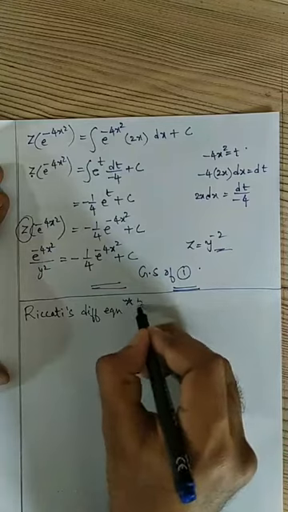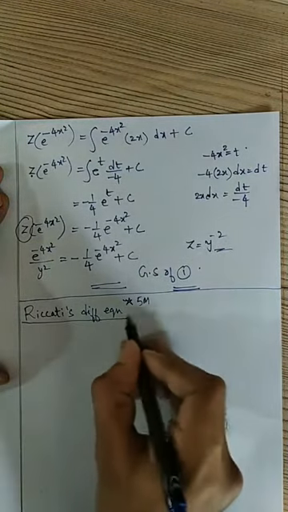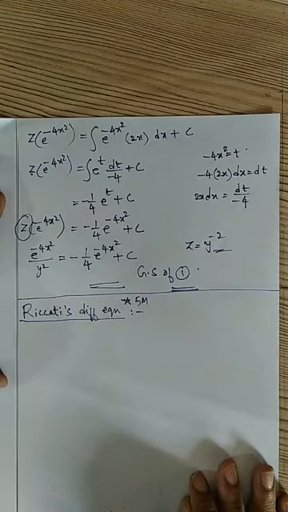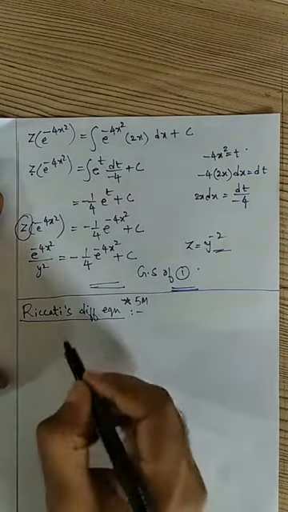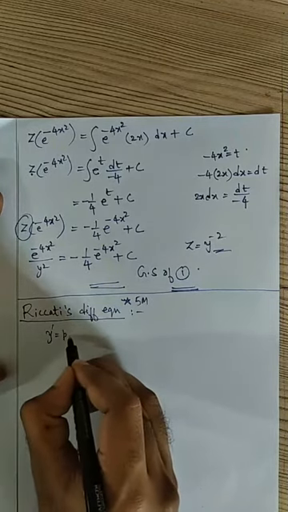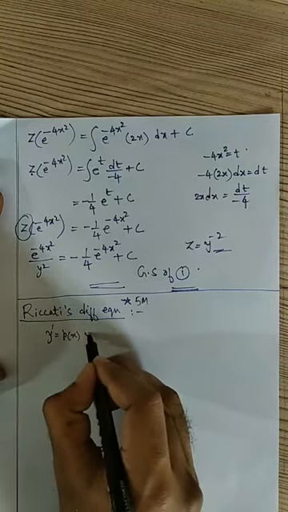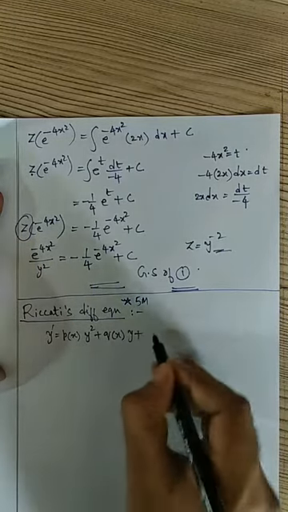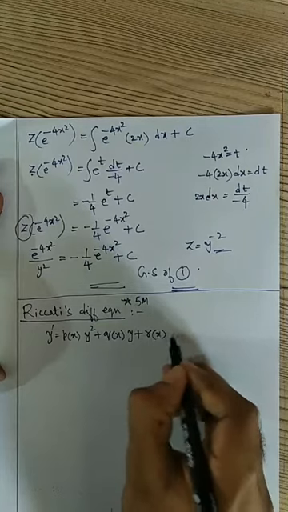It is important for 1 LAQ, 5 marks. This Riccati's equation is of the form y dash equals p of x into y square plus q of x into y plus r of x, right?